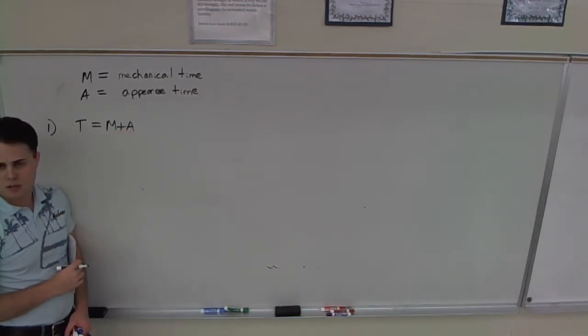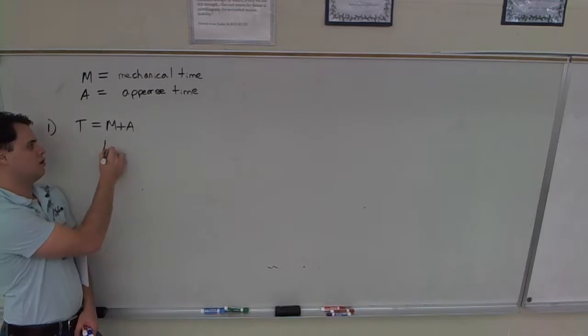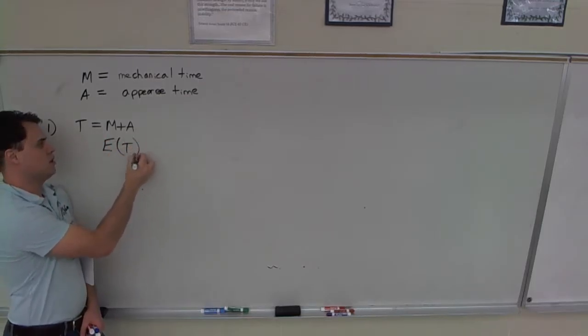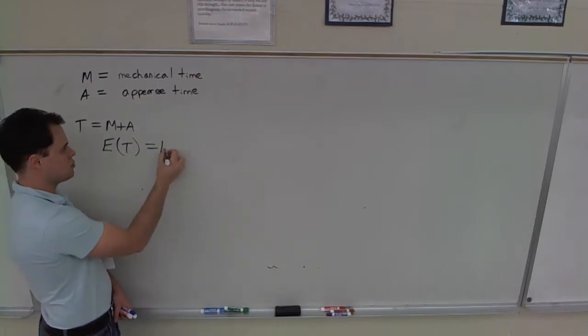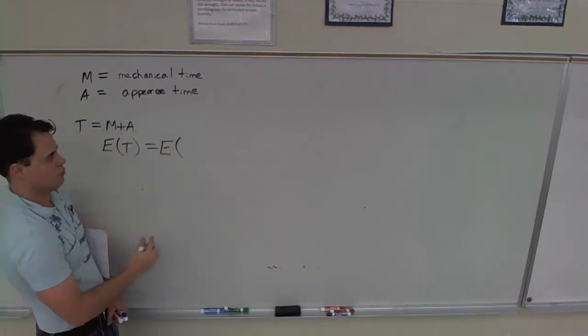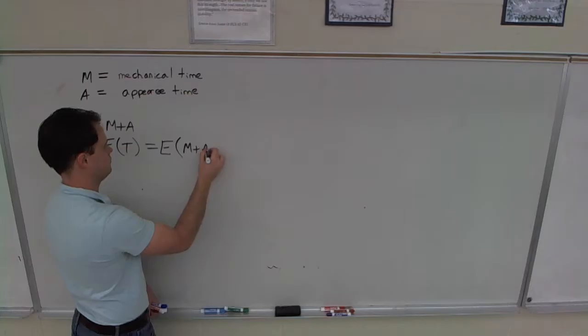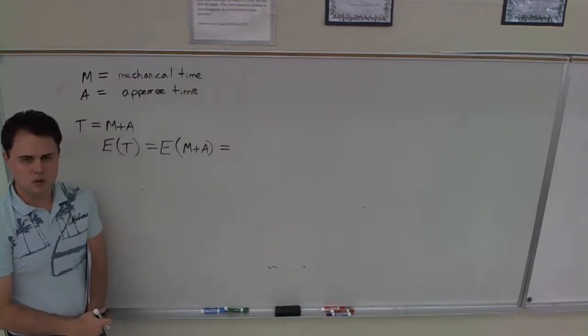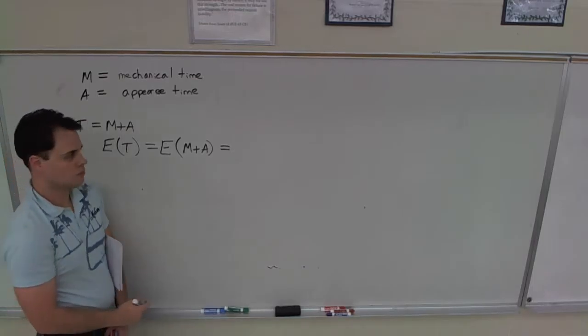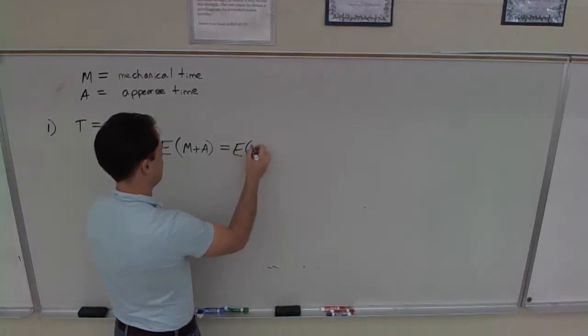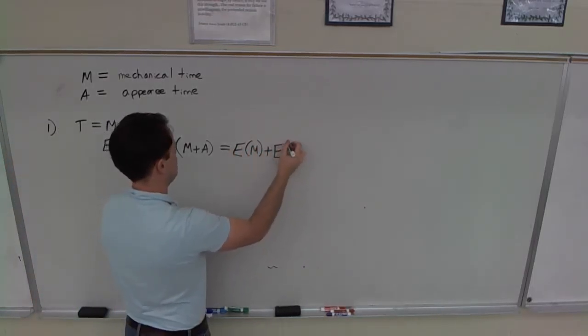So we want to find the mean. What's the other word for mean that we've been using? Expected value. So I want the expected value of T, which is the expected value of M plus A. How do we do the expected value of x plus y from yesterday? Expected value of x plus expected value of y. Exactly. That's not one you need to memorize. It's just common sense.